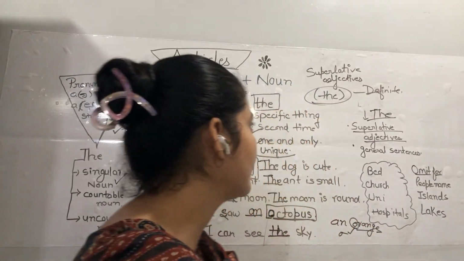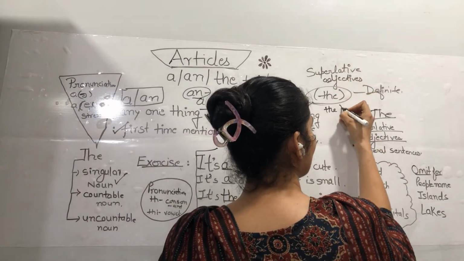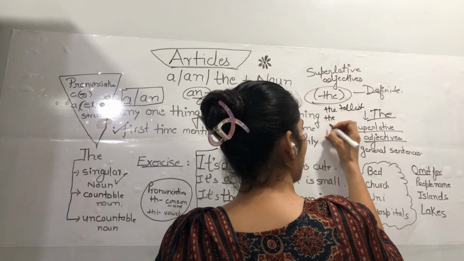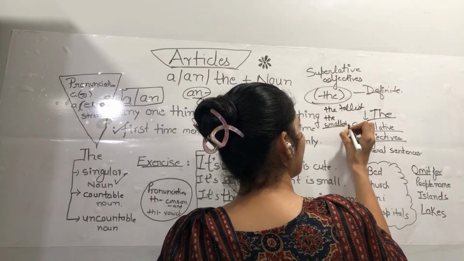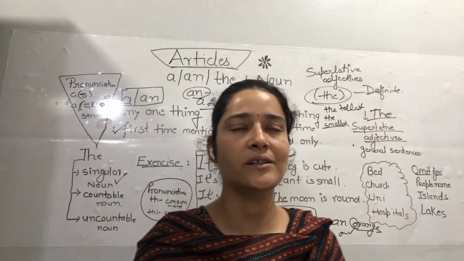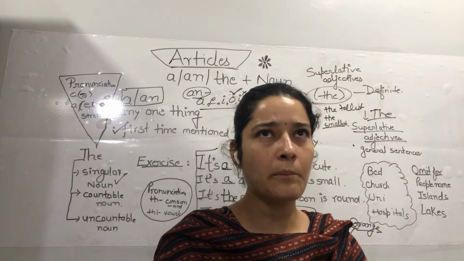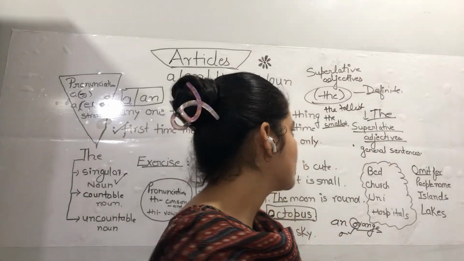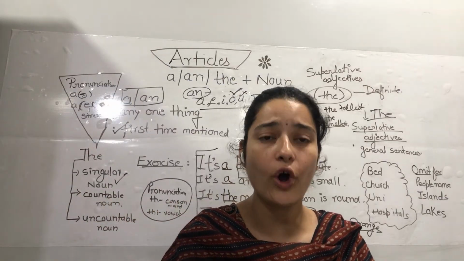That was the thing I was telling. But with the superlative adjective, the tallest, the smallest. For example, we can say the Eiffel Tower is the tallest building. Some monuments are the oldest. Okay, so it depends upon the type of adjective we are using.